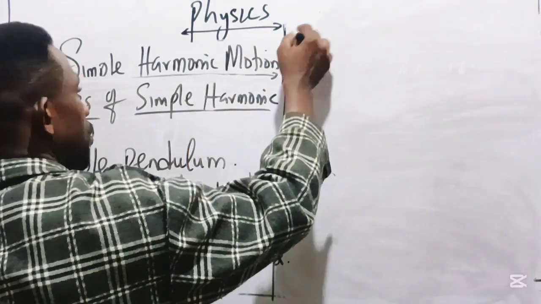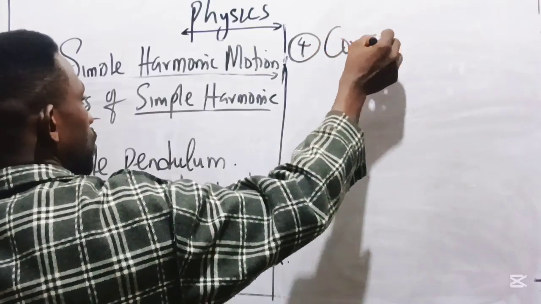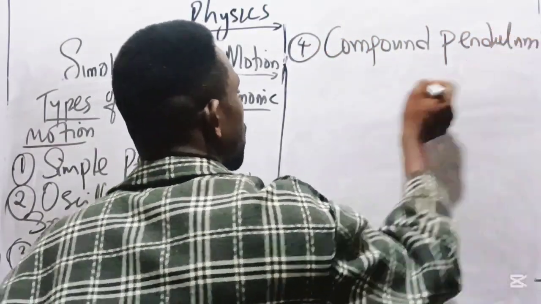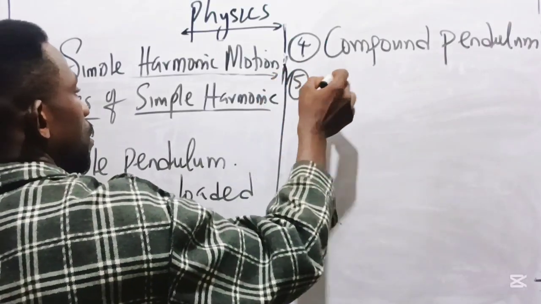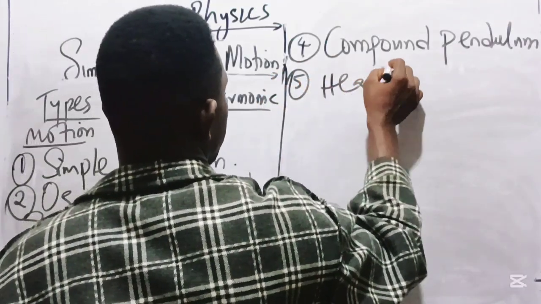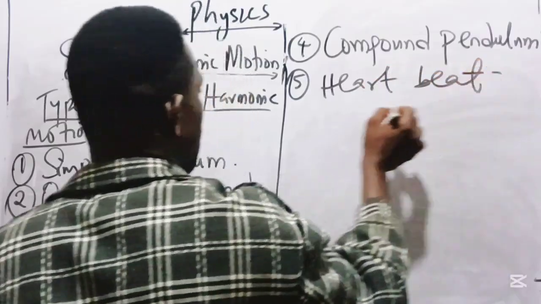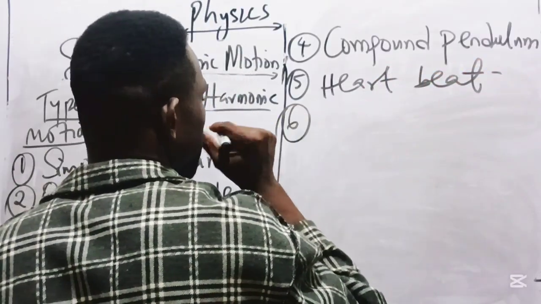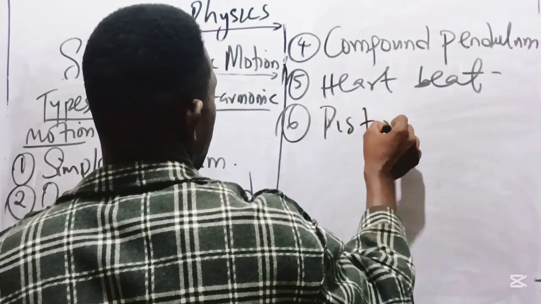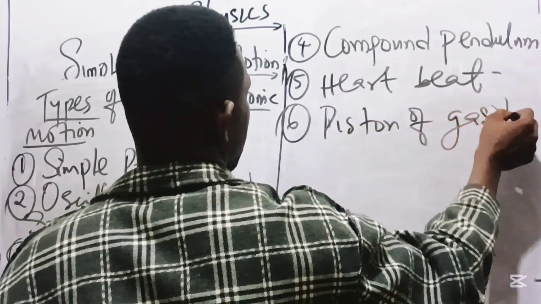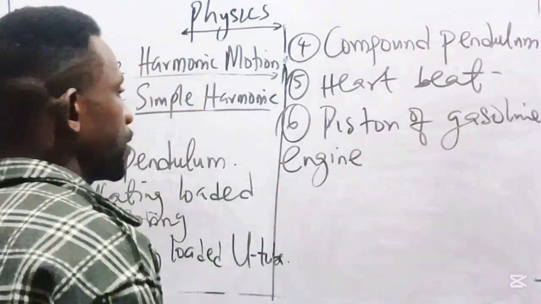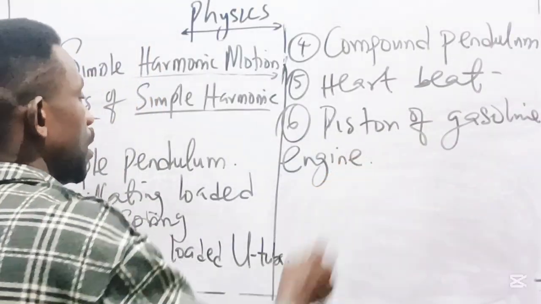The fourth one is the compound pendulum. The fifth one is the heartbeat. The sixth one is the piston of a gasoline engine, and so on and so forth.